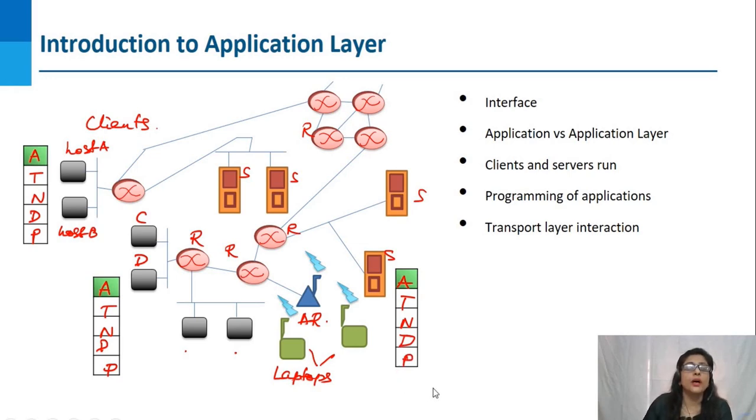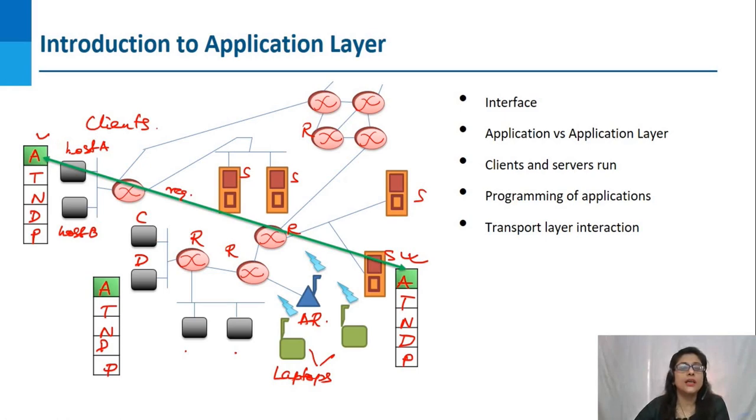So whenever there is a requirement for a host for a web document, it has to make a transaction between the application layers. So the application layer of this host to the application layer of the server, because the host or the client is making a request and the server should respond with a response, and all these interactions or messages happen between the two application layers.